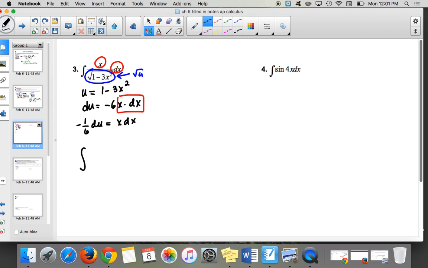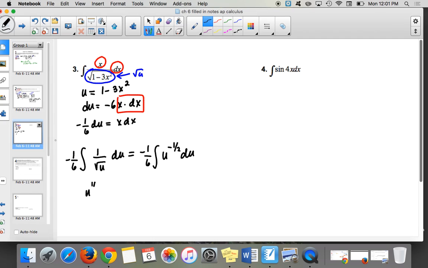All right, so here we go. I have the integral of, my bottom part was the square root of u, right? So I'm going to do 1 over the square root of u. And then my x dx is replaced with the negative 1/6 and the du. So I get negative 1/6, and I have the integral of u to the negative 1/2 when I rewrite it, so I can take the antiderivative.